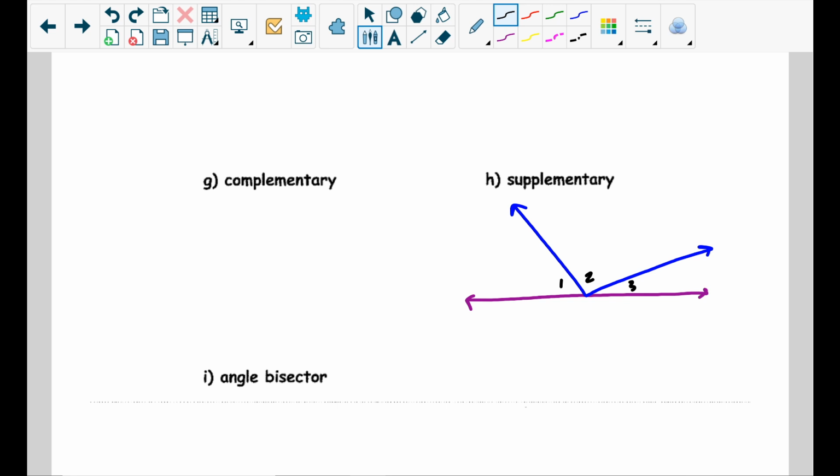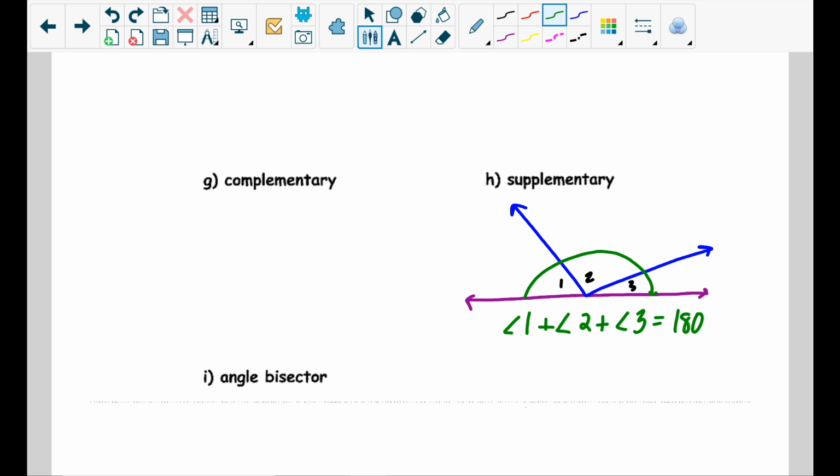They're sharing a vertex here, right? But what else do they do? Yeah, they add up to 180 because these 3 angles together make a straight line, right? So angle 1 plus angle 2 plus angle 3 add up to 180 degrees.